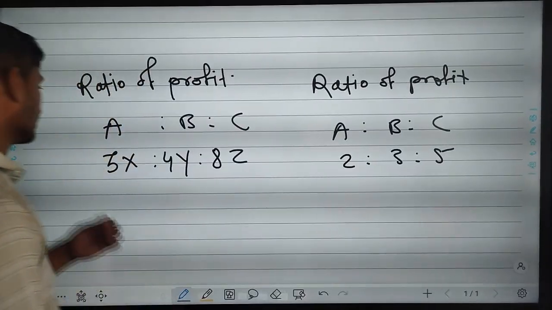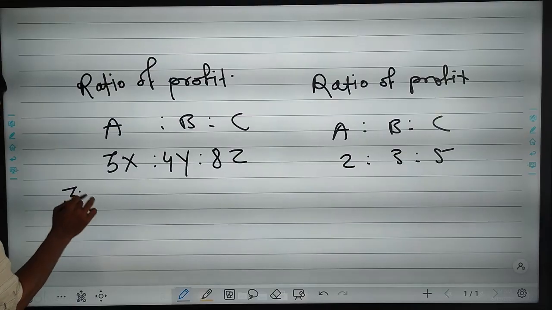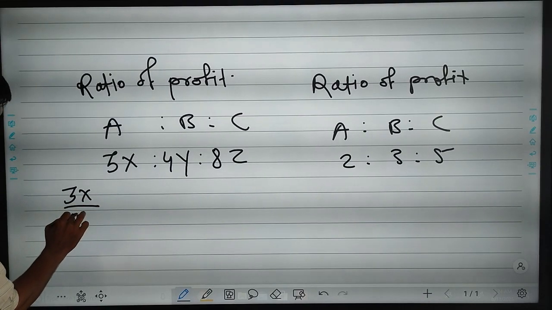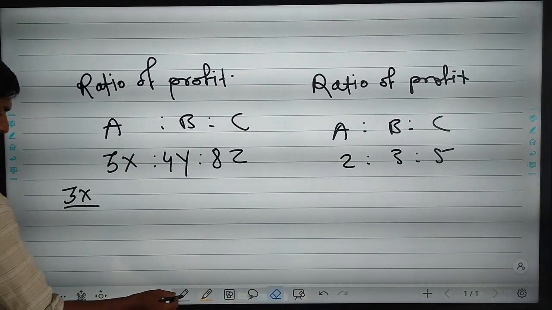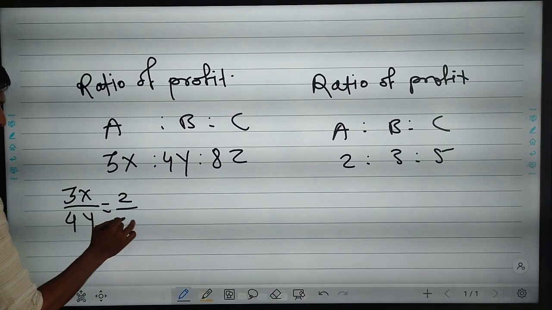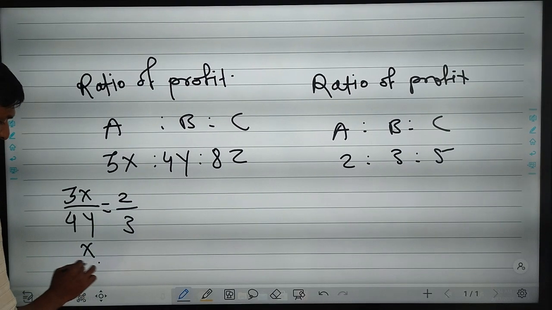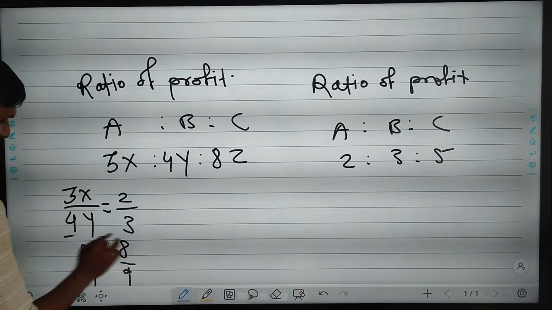Now we write 3x upon 4y is equal to 2 as to 3. Now here x upon y is equal to 8 as to 9.